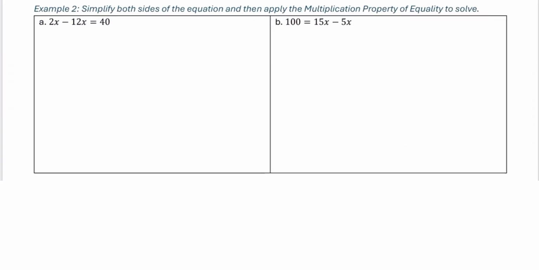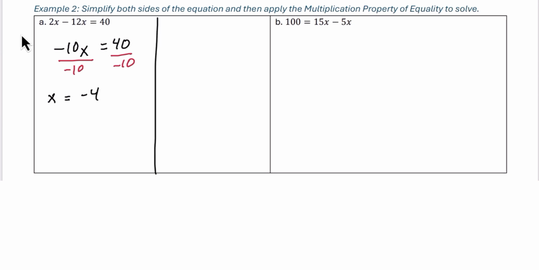In these examples, we want to simplify first before we solve. Notice that 2x minus 12x, those are like terms. 2 minus 12 is -10. And we keep the x. That's equal to 40. Now, to isolate the x, we divide by -10 on both sides. X equals -4.